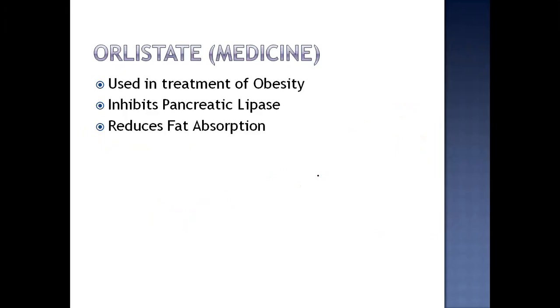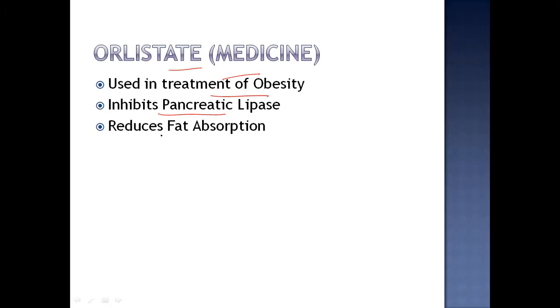Another thing, nowadays one medicine is available which is known as orlistat. This orlistat is a medicine which is useful in the treatment of obesity. What does it do? It inhibits the pancreatic lipase action.